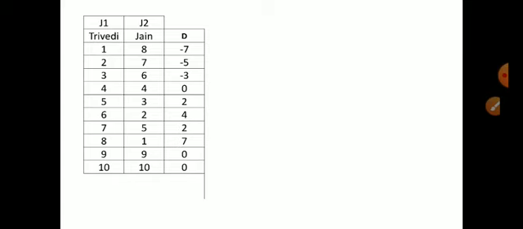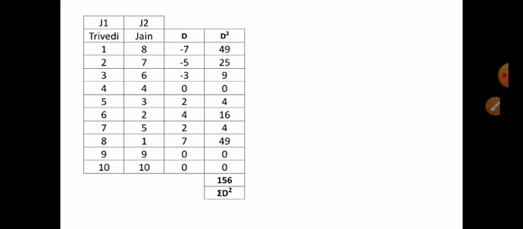Okay, see the differences. They have given the ranks. 1 minus 8 is minus 7, 2 minus 7 is minus 5, 3 minus 6 is minus 3, 4 minus 4 is 0. We have to just take the difference in the ranks. Then we have to square the difference in the ranks, that is, calculate the d square part.